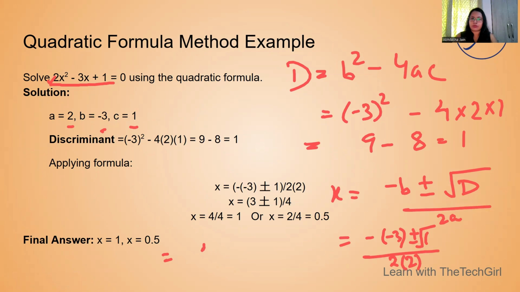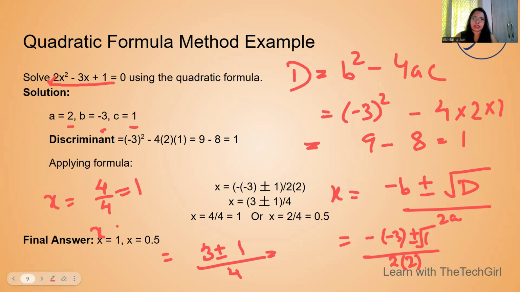So you get 3 plus minus 1 because root of 1 is just 1, upon 4. So one value of x is going to be 4 over 4, that is 1, and another is 2 over 4, which is 0.5. So these are the two values of x that you get.